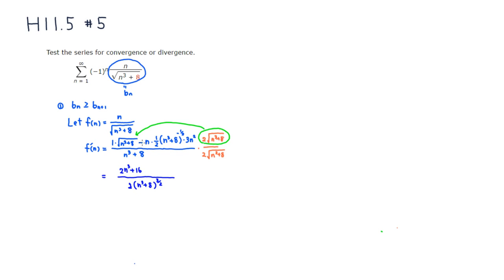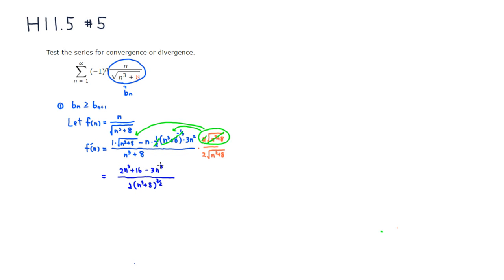And then we distribute it to the second term, and you can see that the 1/2 cancels out because of the 2 here, and this is the reciprocal of that, so these two cancel out. What's left is negative 3n cubed.